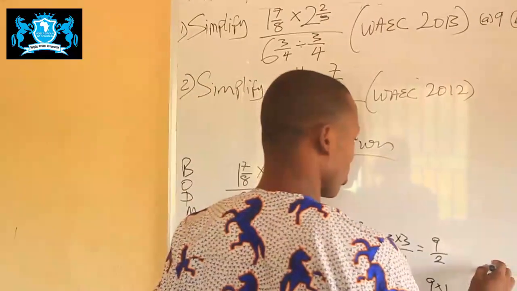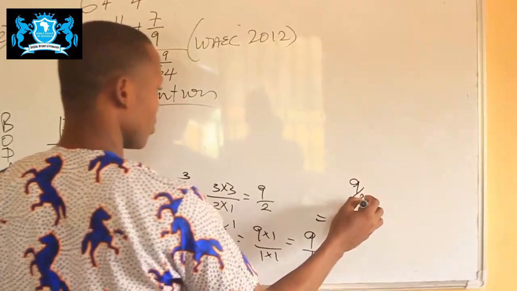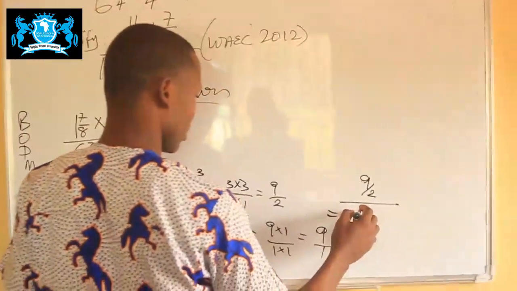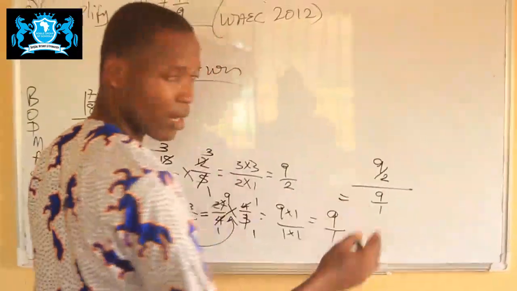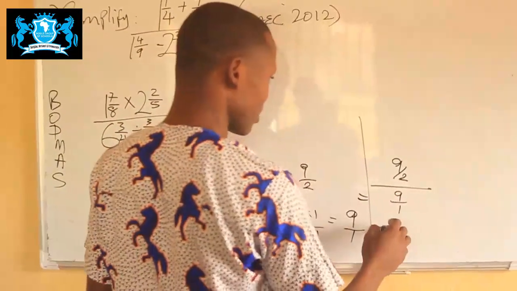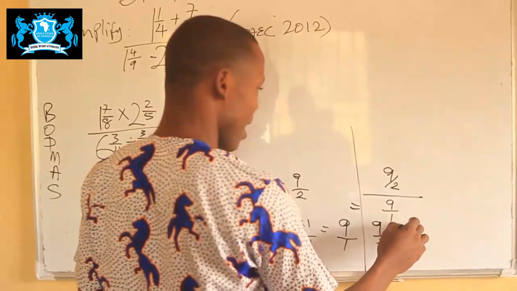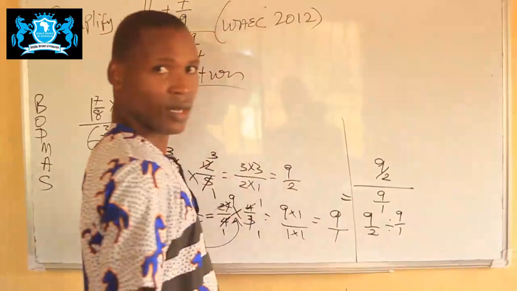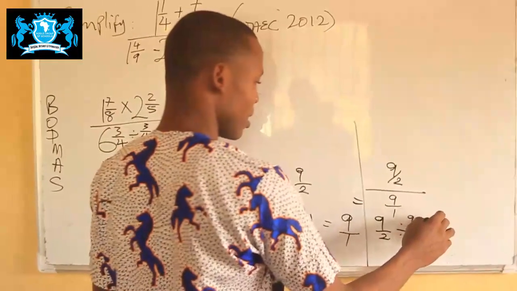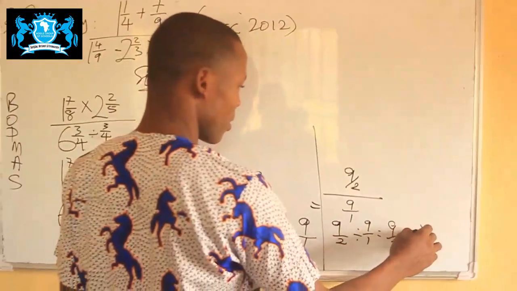What we will now do is to solve them together. We have 9/2 all over 9/1, which is the same thing as saying 9/2 divided by 9/1, which is the same thing as saying 9/2 multiplied by 1/9.